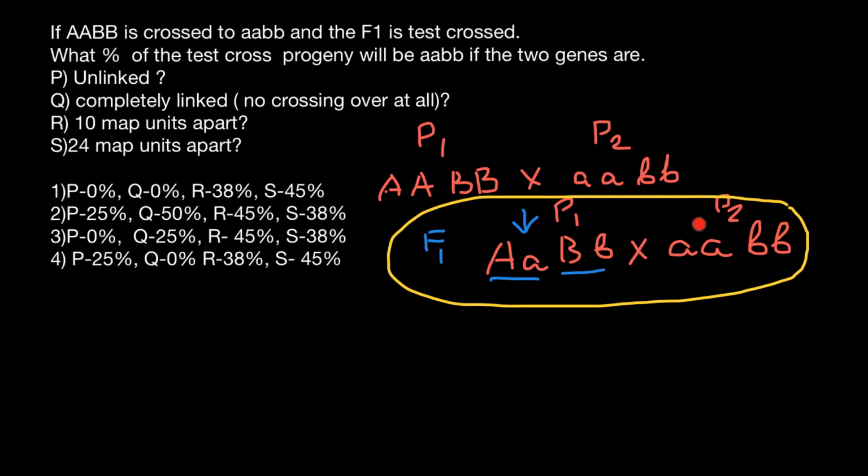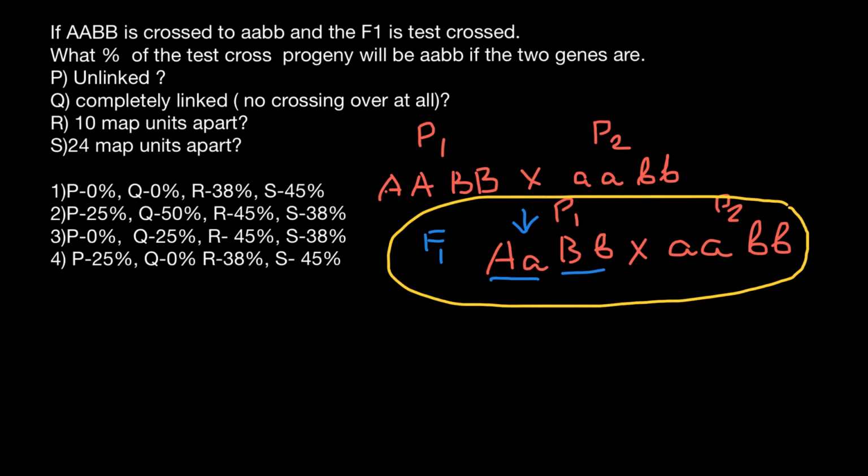It can be 3 genes, it can be 1 gene. This is going to be the second cross, exactly what is described in the first sentence. So what is the outcome of such a cross if genes are unlinked?